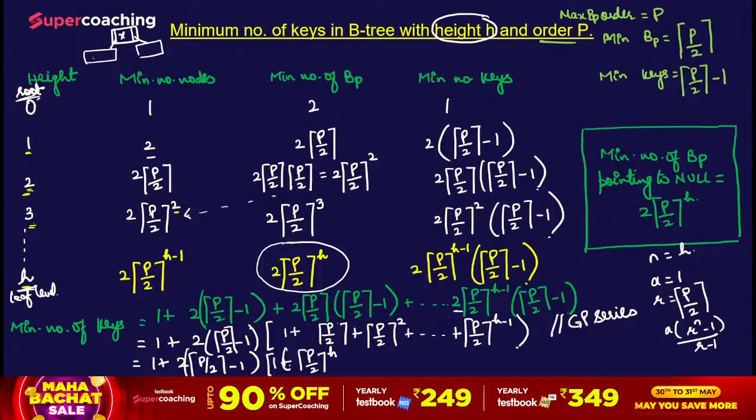Number of terms are h, so p by 2 raised to power h minus 1 divided by r minus 1, p by 2 minus 1. Now you can see here these two terms get cancelled out because in the numerator and denominator we are getting the same term. So ultimately this is returning 1 plus 2 into p by 2 raised to power h minus 1. So this is representing the minimum number of keys.